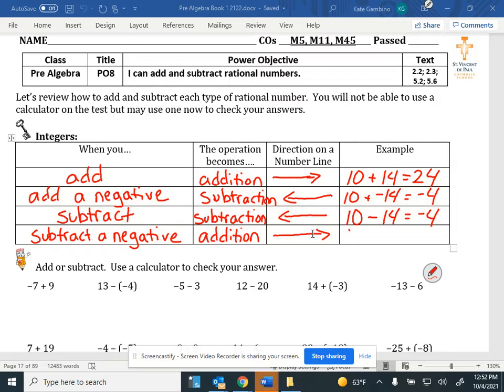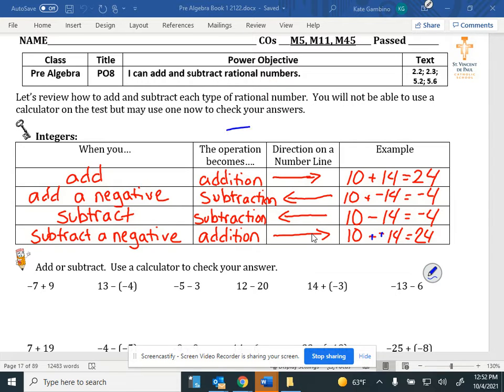So an example of this would be 10 minus negative 14 equals a positive 24. So what I like to do when I'm subtracting that negative, I like to turn it into an addition and turn that negative into a positive. So when I subtract a negative, I always look at making it adding a positive.